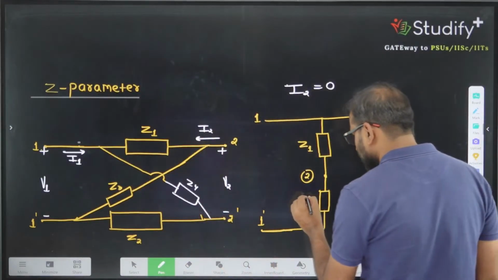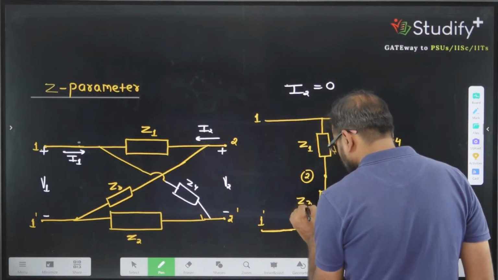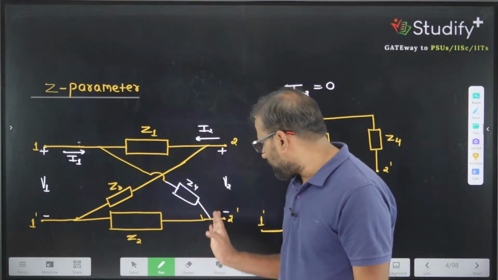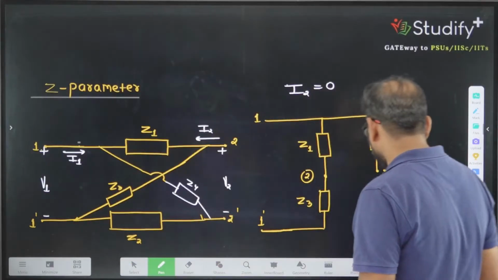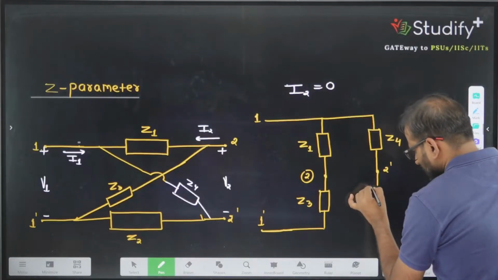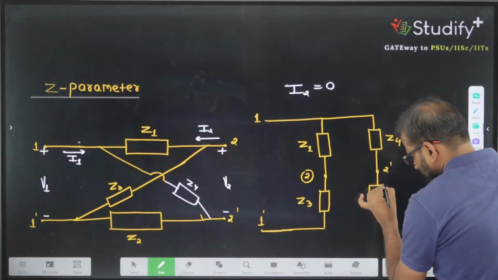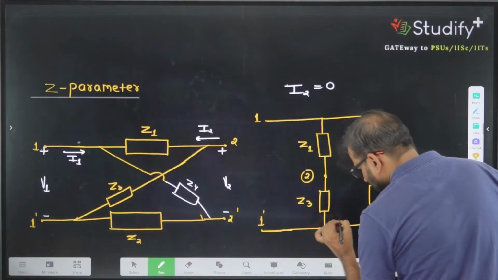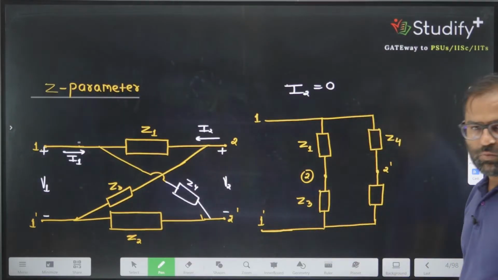So let me write this value as Z3. And from 2 dash to 1 dash, Z2 is connected. Okay, this is connected.